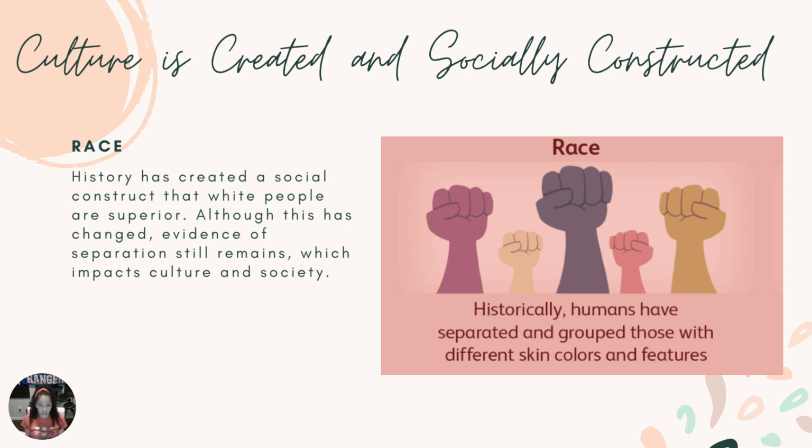And it's still happening now, maybe not as evident or as harsh as it was in the past, but it's still happening. History has created a social construct that white people are superior. Although this has changed, evidence of separation still remains.